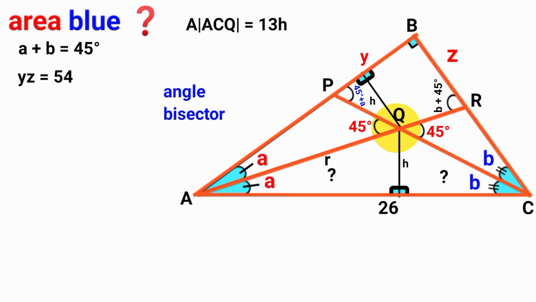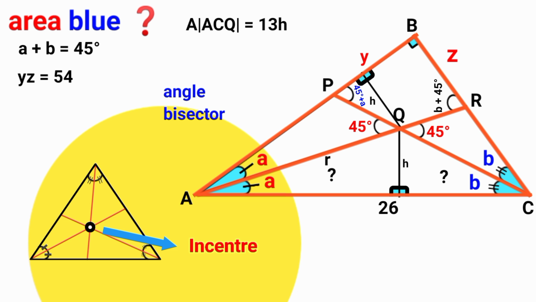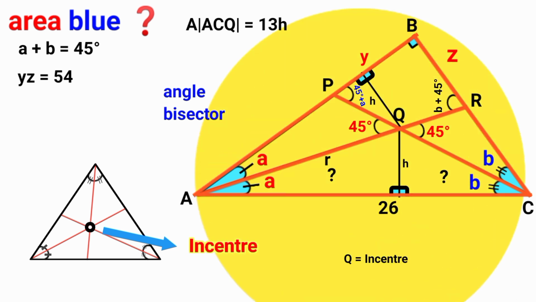We know a triangle can have a maximum of 3 angle bisectors, and these 3 angle bisectors meet at a particular point called an incenter. So since this angle bisector and this meet at this point Q, that means point Q is the incenter of triangle ABC.